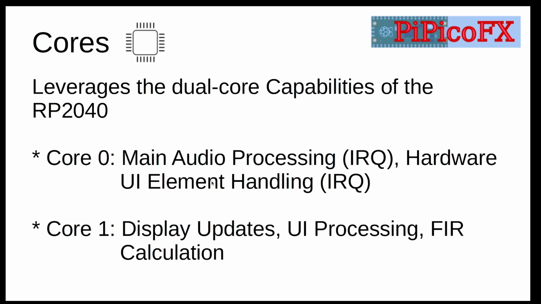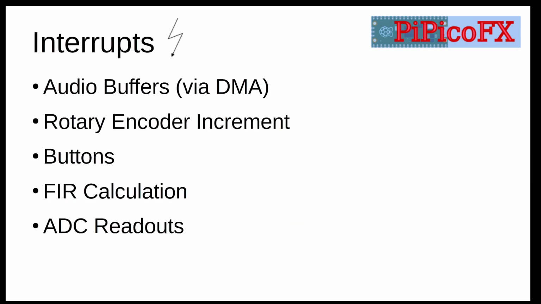Basically, if you will, it's kind of an operating system which runs on Core 0. Core 1 is an additional processor which handles the display updates, does some UI processing, and when needed does a finite impulse response calculation, in pretty high synchronization with Core 0, so for the FIR it more or less doubles the clock speed, so to say.